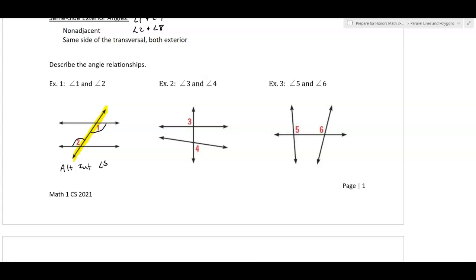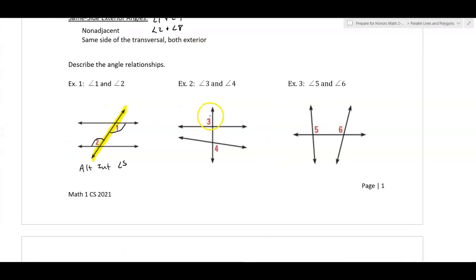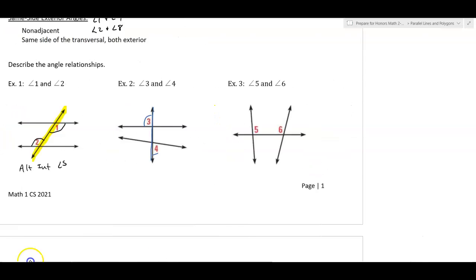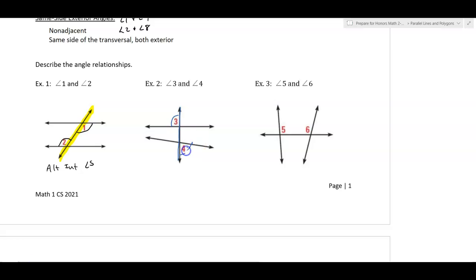When I look at 3 and 4, again, opposite sides of the transversal. If I look at this transversal, opposite side meaning one's on the left side, one's on the right side, and they're both exterior, so these would be alternate exterior angles.